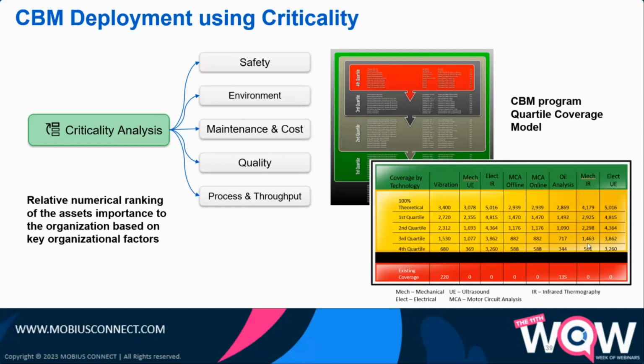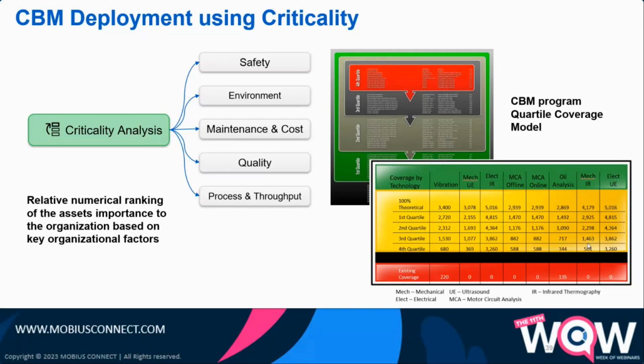It's also important to note too that as you progress in your quartile coverage, your 4th quartile, which is your most critical assets, are going to deploy and should deploy all the condition monitoring technology so that all of your failure modes are fully covered. As you progress down into the 3rd and 1st quartile coverage, you'll start shedding, if you will, technologies across failure modes.